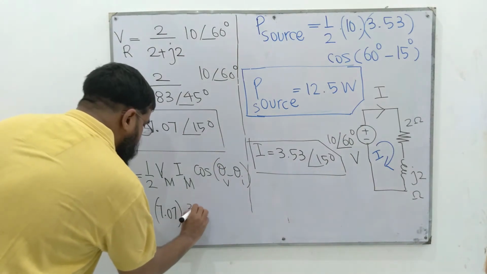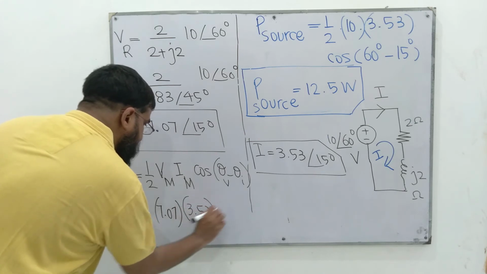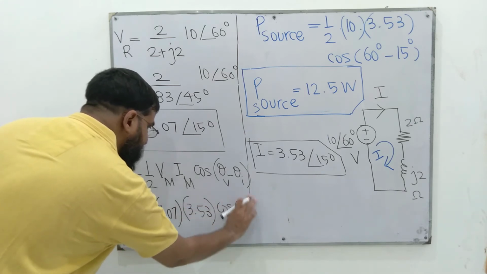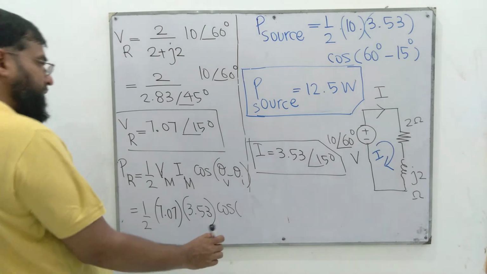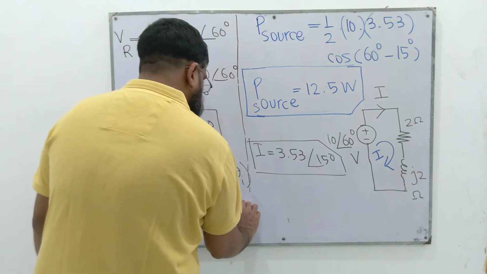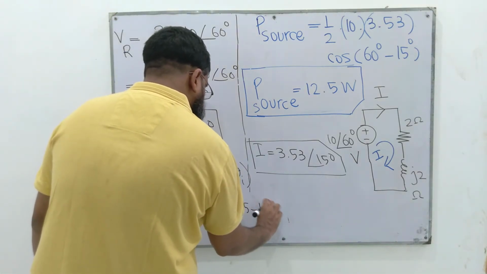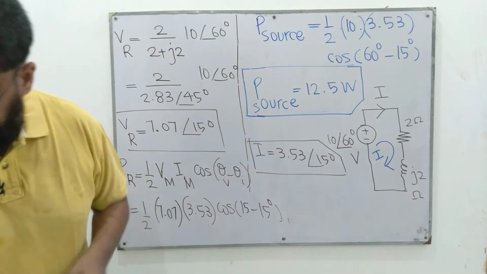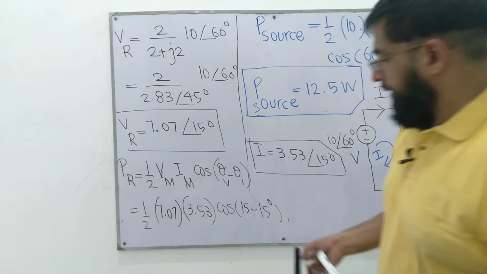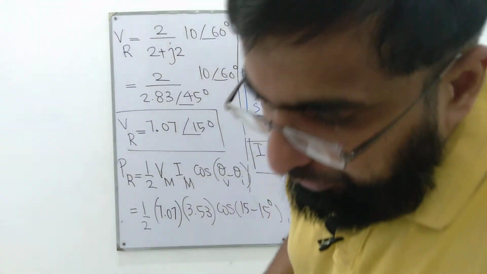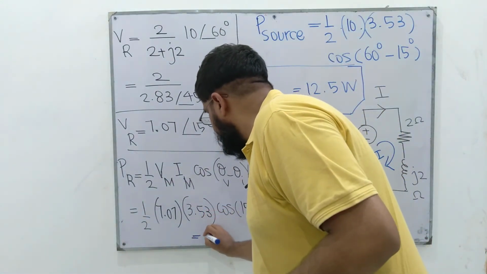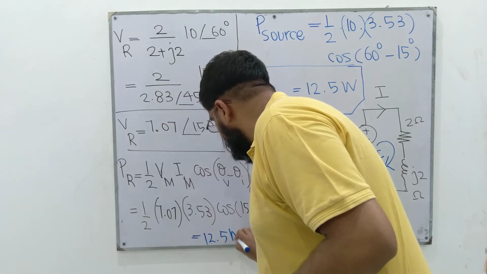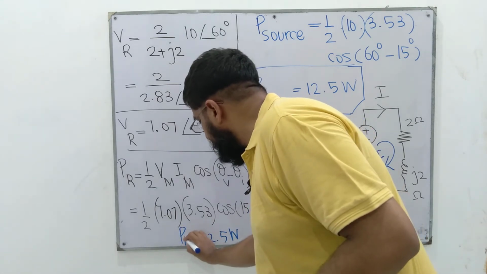So the current is 3.53, cos of theta V, which is 15, minus 15. 15 minus 15 means 0. So cos of 0 is 1. And the answer is 12.5 watts.